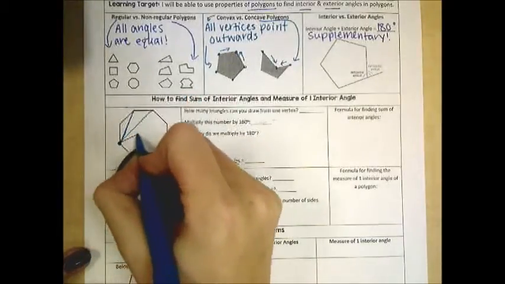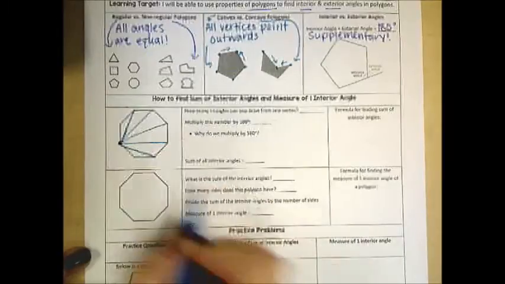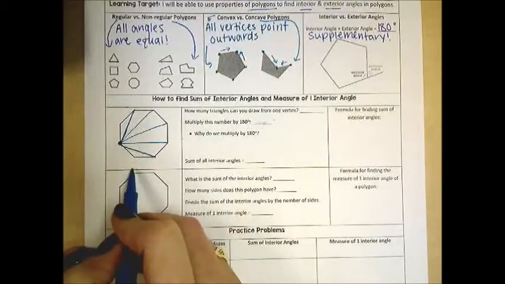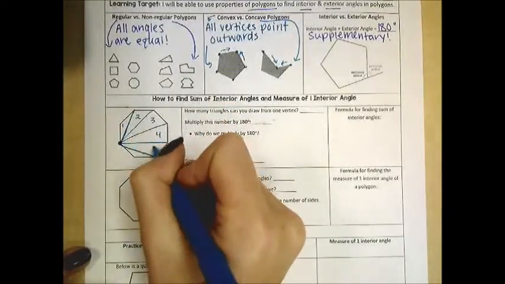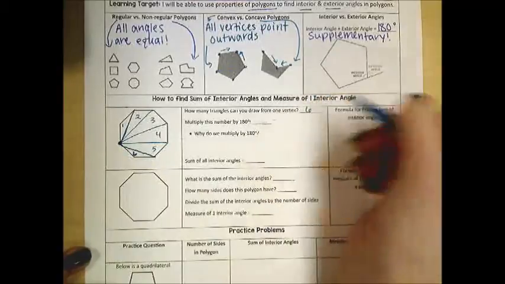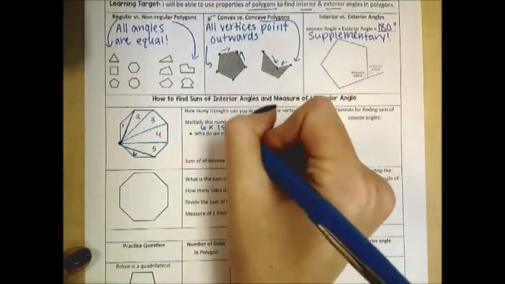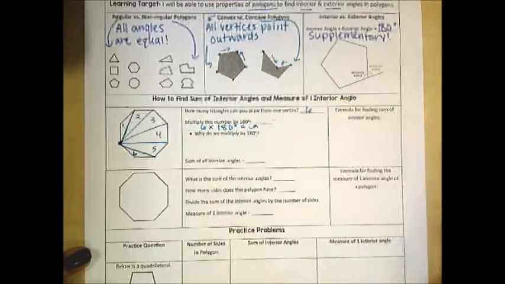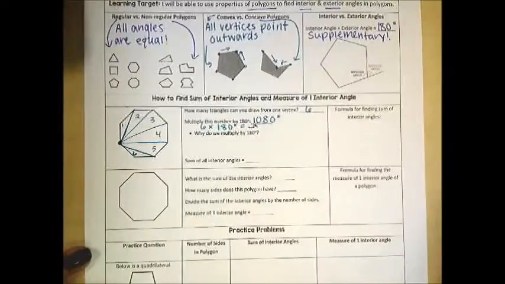I'm taking from the same vertex to each of the other ones until I can no longer draw any more triangles. So I see that I drew 1, 2, 3, 4, 5, 6 triangles. If I multiply 6 times 180, I get a total of 1080 degrees.